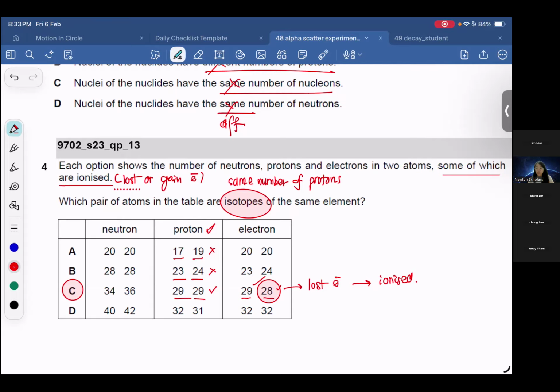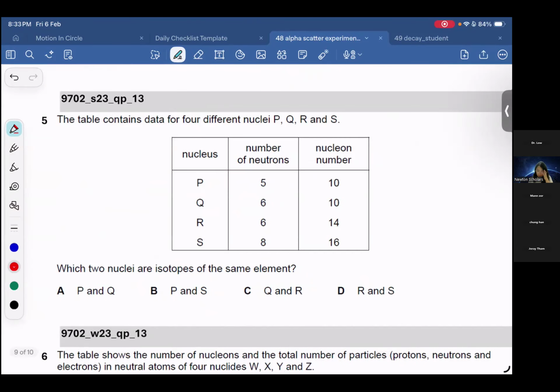Okay, can we go to your page number 9? Okay, let's go here. The table contains data for 4 different nuclei P, Q, R, S. Which 2 nuclei are isotopes of the same element? Try. What, Jory, so fast?